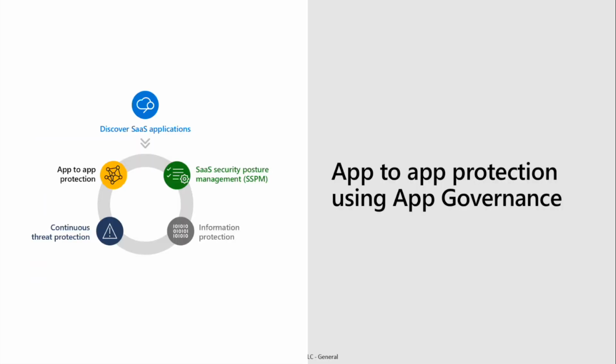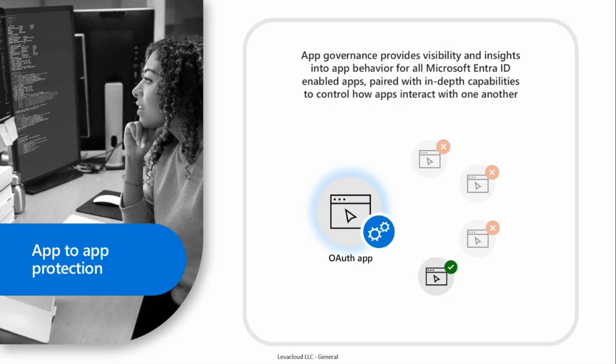Now, I'm going to talk a little bit about app governance and app-to-app protections. So you've probably seen a little bit of this already potentially, because there has been a lot of OAuth related threats out there with fake OAuth apps and that kind of thing.